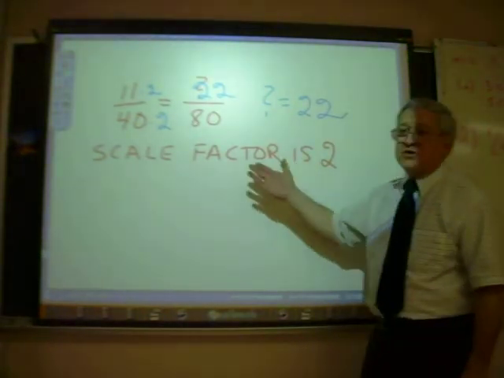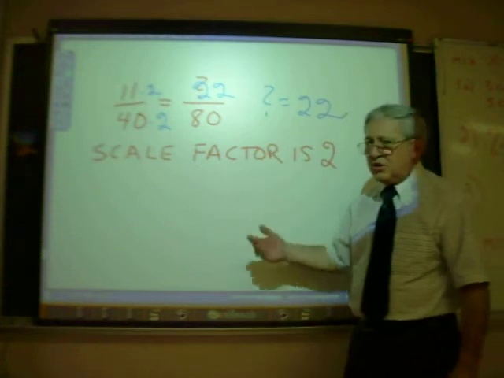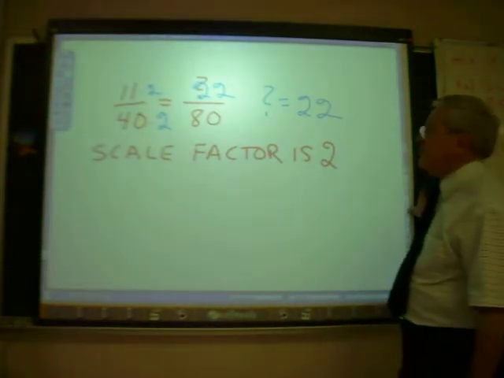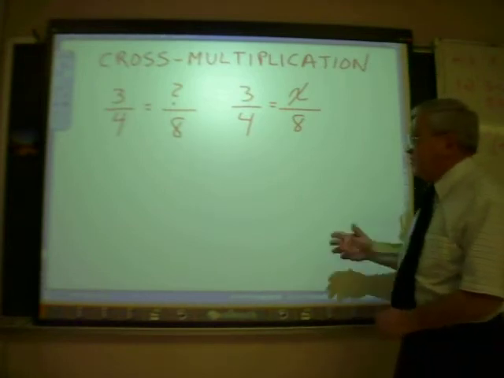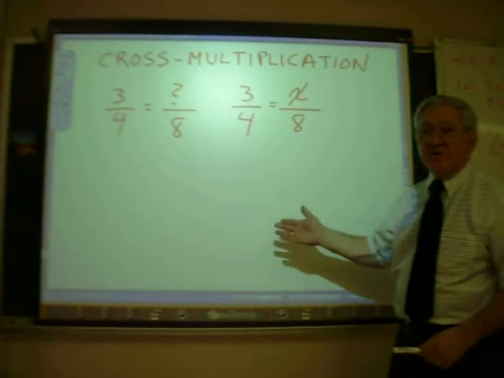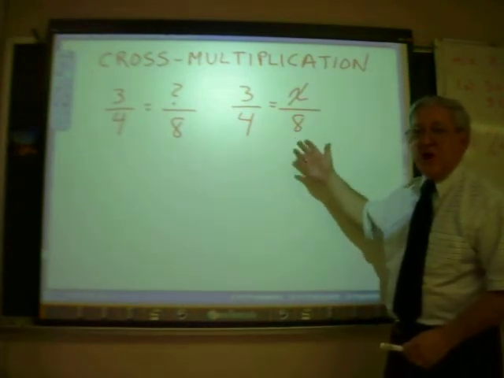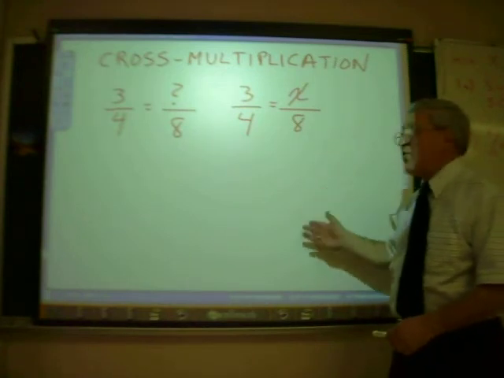So if you can use the scale factor method and it's a relatively easy problem, you should do so. However, on occasion, the problem might be slightly more difficult. So we'll use a simpler example to illustrate how we'd use the cross multiplication method to solve a proportion.